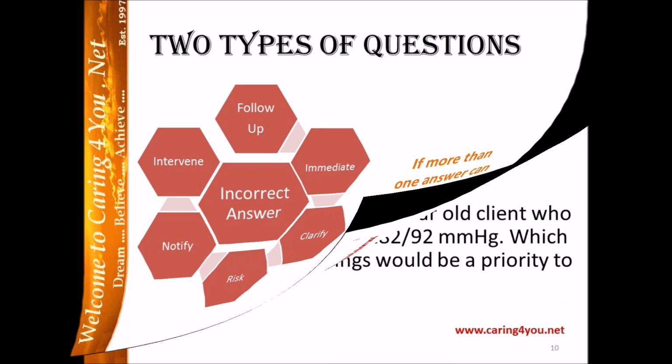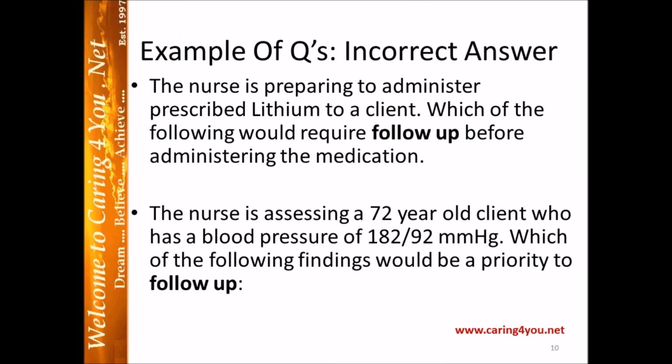So let's look at some examples of questions that use these types of words that we know mean the incorrect answer will be the correct answer for the NCLEX. Alright, let's look at our first example. The nurse is preparing to administer prescribed lithium to a client. Which of the following would require follow-up before administering the medication?